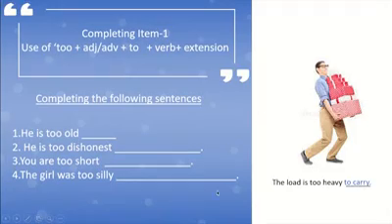Okay, my dear students, here we can see too plus adjective, that is heavy, and then to plus verb, that means to carry. By following these rules, let us complete the following sentences.